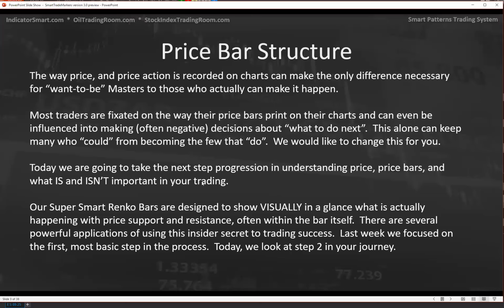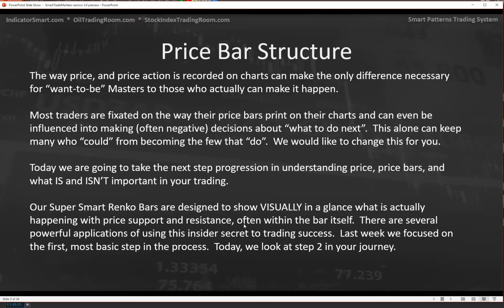Today, we're going to take the next step in progression and understanding price bars, what is and isn't important in your trading. Our Super Smart wrinkle bars are designed to show visually at a glance what is actually happening with price support and resistance, price trapping, and weak-handed money entering the market against order flow that gets squeezed out.